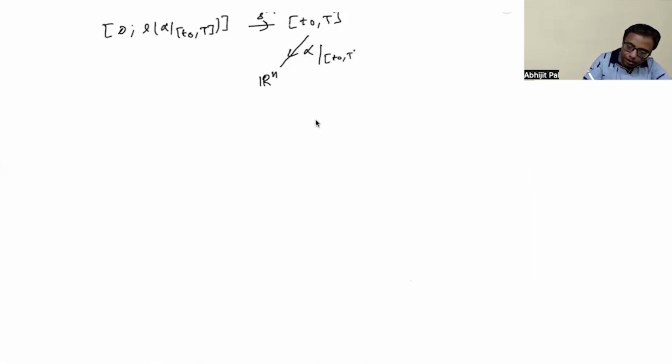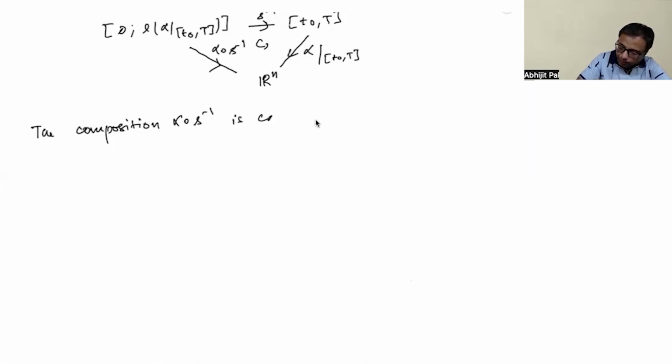So this diagram will commute. The composition alpha compose S inverse is a reparameterization of the curve alpha, and we call it the arc length reparameterization of this curve alpha.